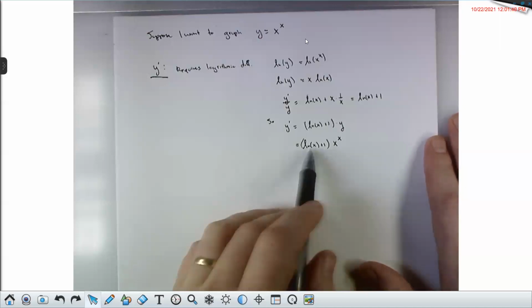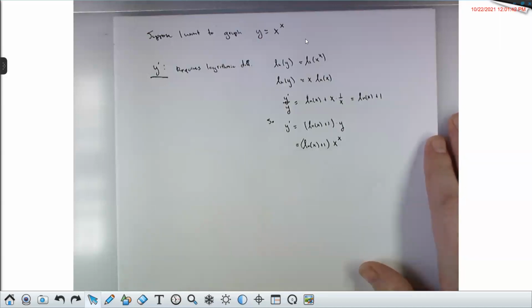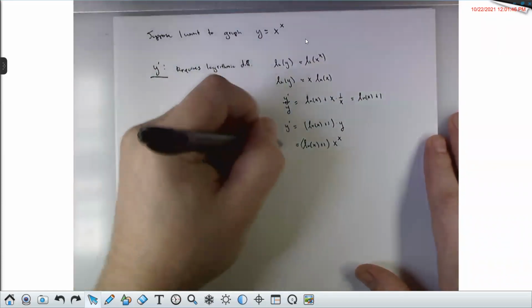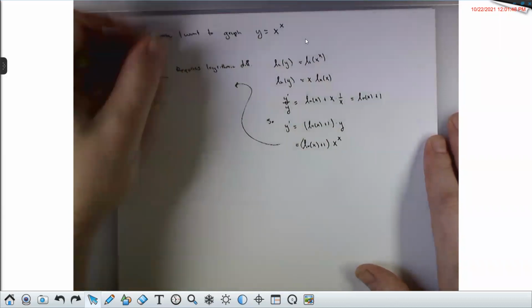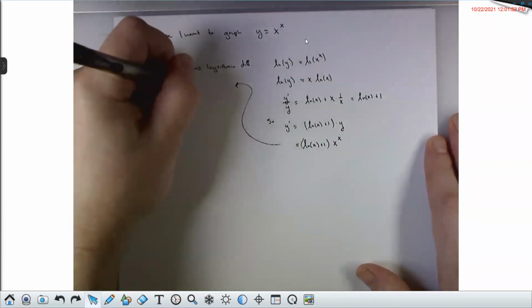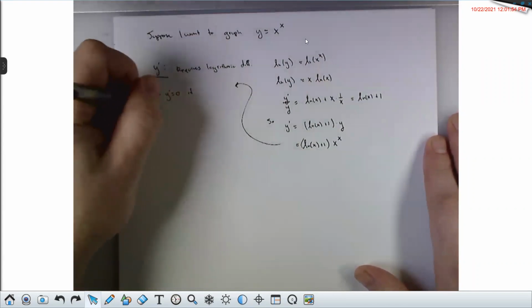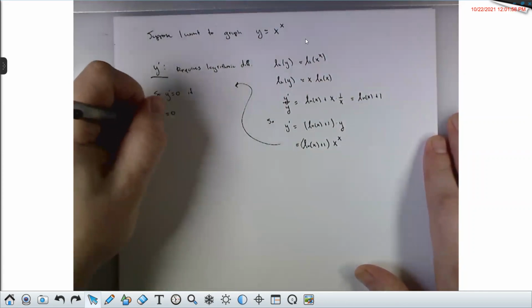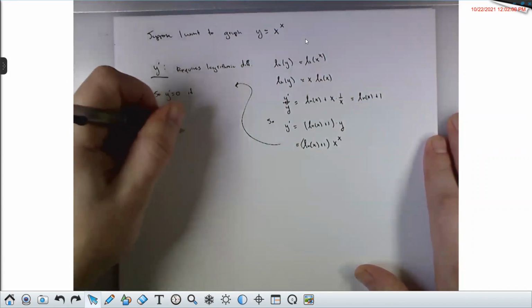This piece, we're looking for critical numbers. Let me take it over here. So y prime is equal to 0 if one of two things is true, either x to the x is 0, or the ln of x plus 1 is equal to 0.